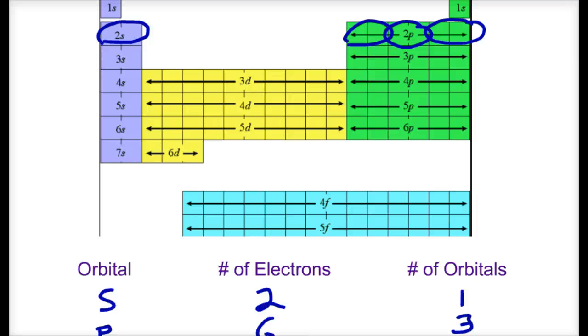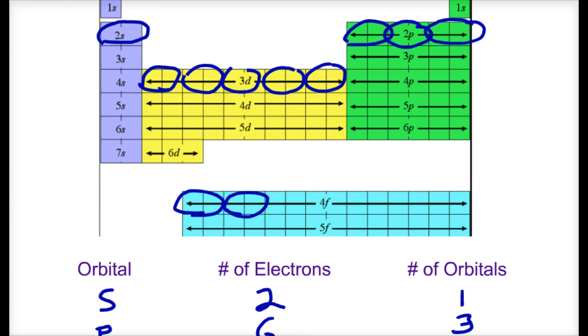For d's, if you look at it this way, you will see there's 2, 4, 6, 8, 10 electrons. For d's, there are 10 electrons, representing 5 orbitals. And when you get down to your f's, 2, 4, 6, 8, 10, 12, 14.